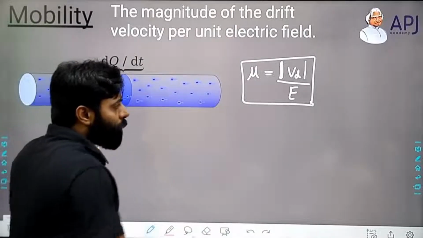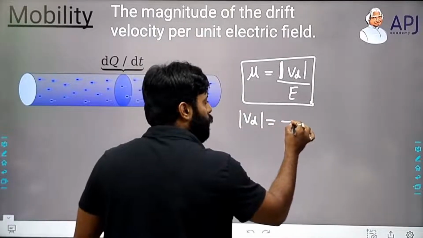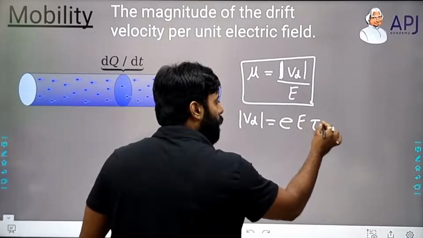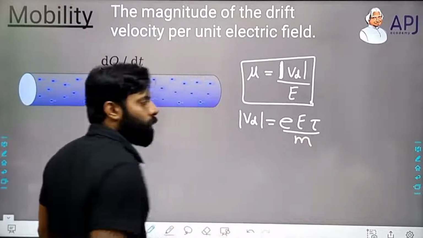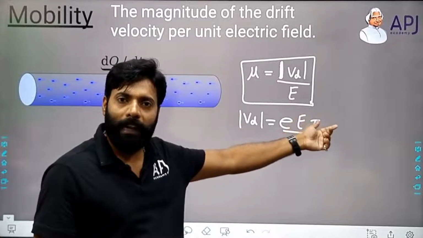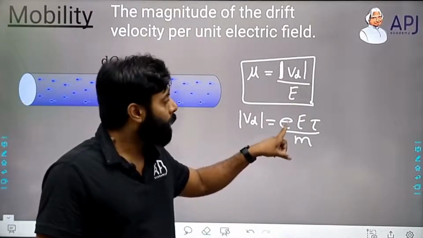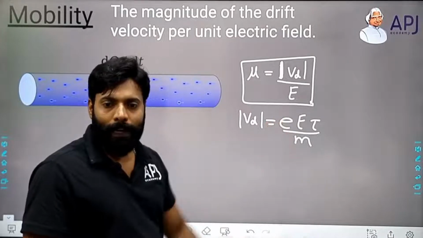So we know that drift velocity is equal to eE tau by m, because this is equal to acceleration into time. Time we are taking as tau, and acceleration is equal to force upon m, right?